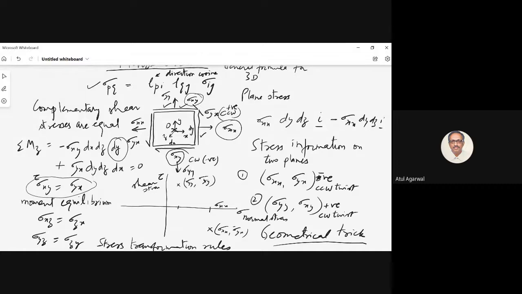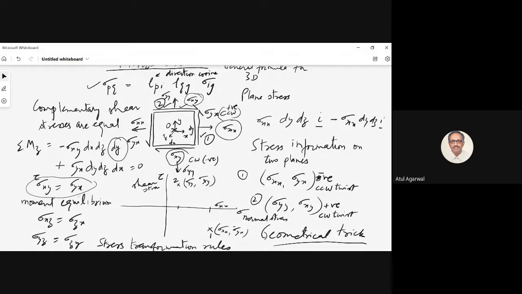Any problem? So we have got 2 points. If this is plane 1, this is plane 2. So these 2 points which you have plotted represent normal and shear stresses on two planes.